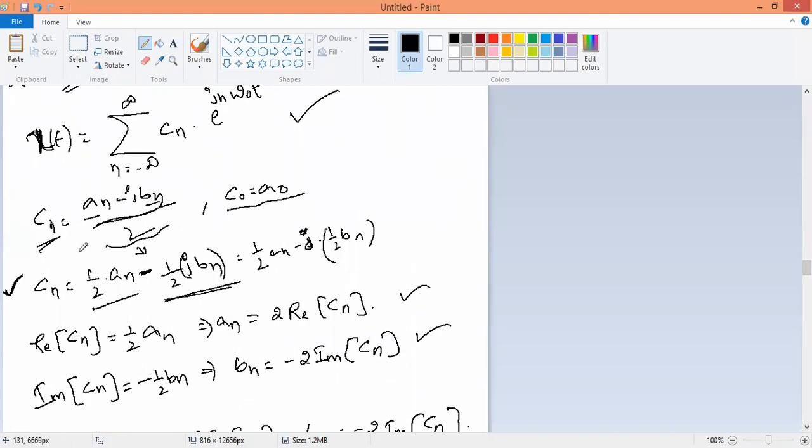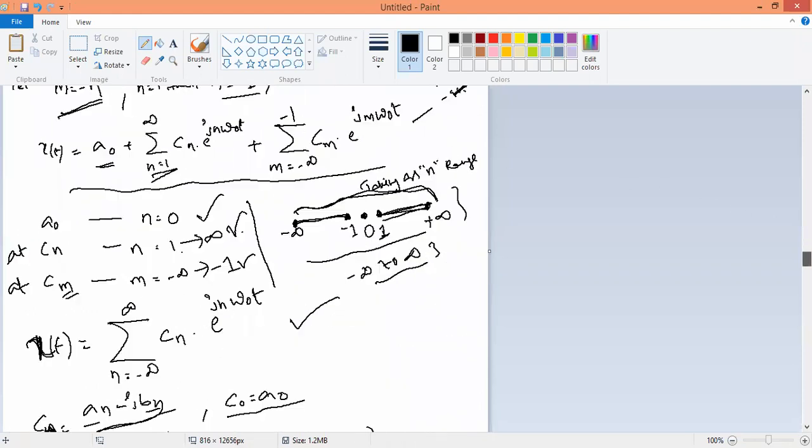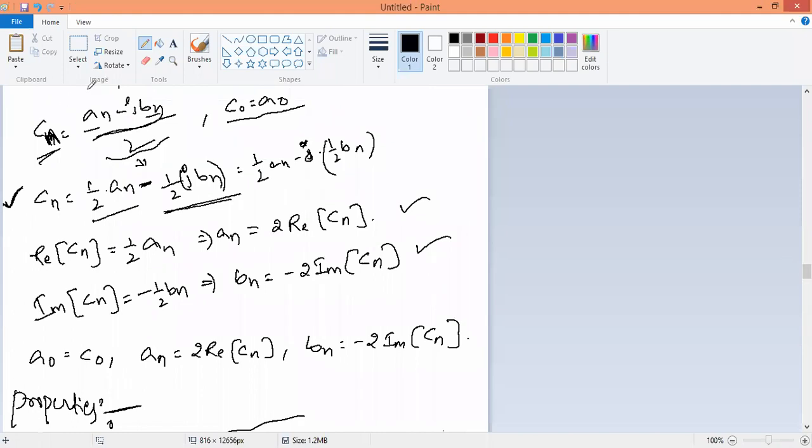Already we know the Cn value. What is the Cn value? Cn is taken as an minus jbn by 2. Now with an minus jbn by 2 and n equal 0, what is the C naught value?